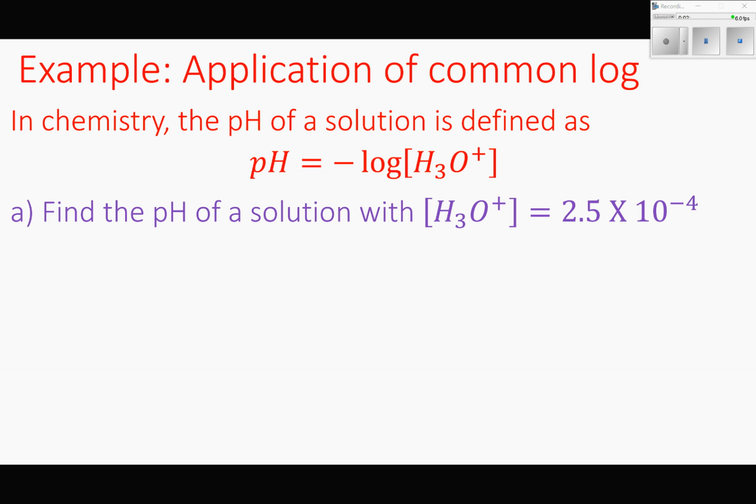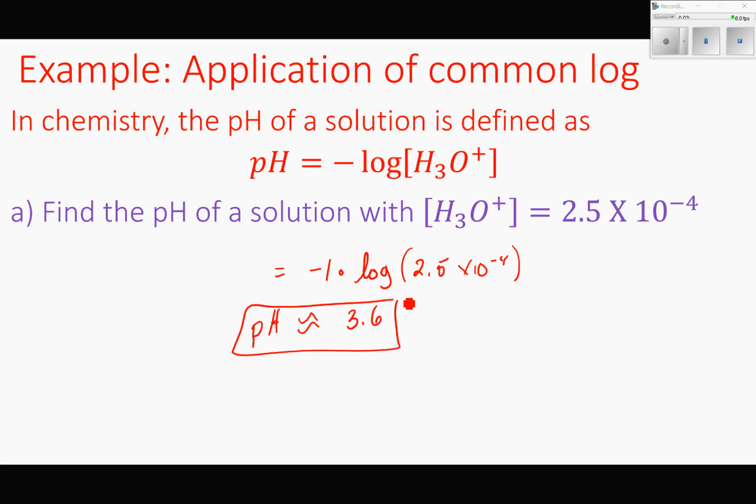So to find the pH of a solution with this given concentration, it's simply the negative 1 times the log of 2.5 times 10 to the negative 4th. We can punch that into our calculator, and our pH is approximately 3.6. You just put it right in your calculator and it'll give you the answer.